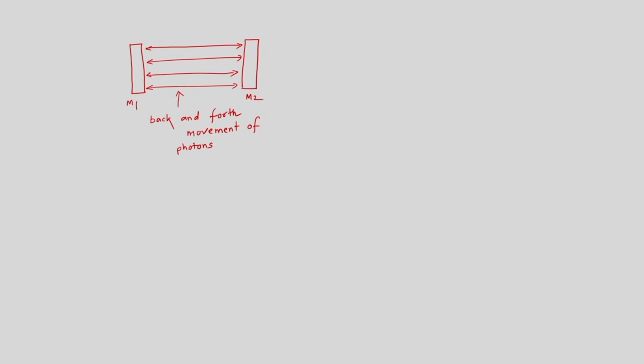So, there are basically two modes in which we can get the laser, and that is called the stable laser and the second one is the unstable laser. So, let us see what is the meaning of a stable laser and unstable laser.